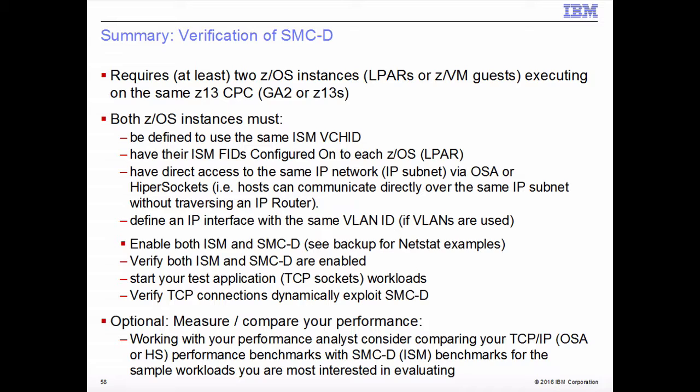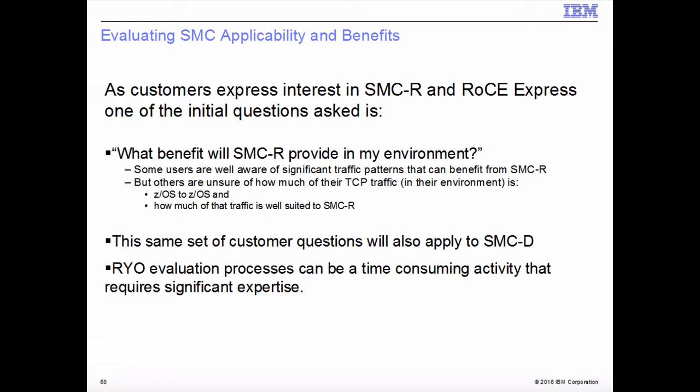And then finally, I think on the next chart, it's just a couple statements about SMC-AT. Again, hopefully most of you are familiar with the tool, but it requires no special hardware, and it's just PTFs that we shipped all the way back to 1.13. It allows you just to evaluate and measure your TCP/IP traffic, and it basically provides a report in 2 sections.